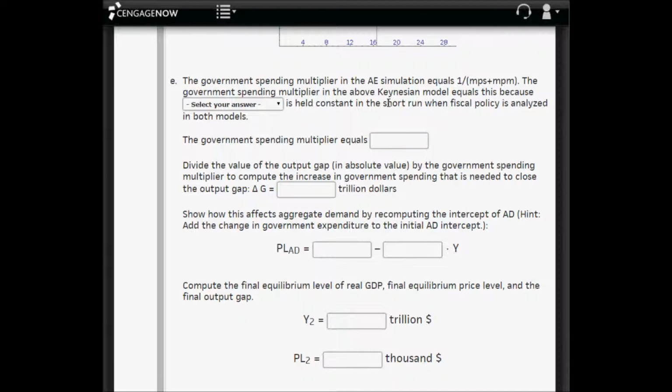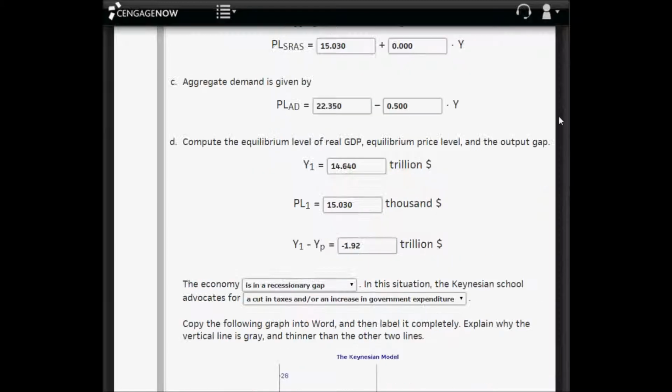The government spending multiplier in the above Keynesian model equals this because the price level is being held constant in the Keynesian model and in the aggregate expenditure simulation when fiscal policy is being analyzed. So the government spending multiplier in this case is 1 divided by MPS plus MPM.